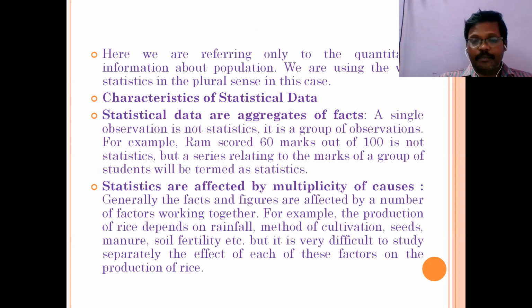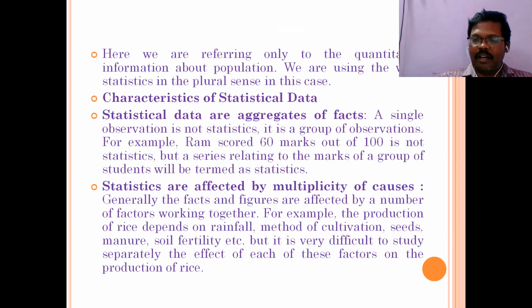But here it is very difficult to study separately the effect of each of these factors on the production of rice. We cannot find exactly which factor influenced the increase of rice production. If we want to know that, we have to assume that the remaining things are constant.